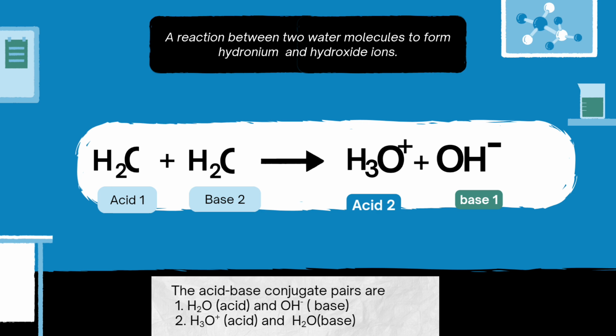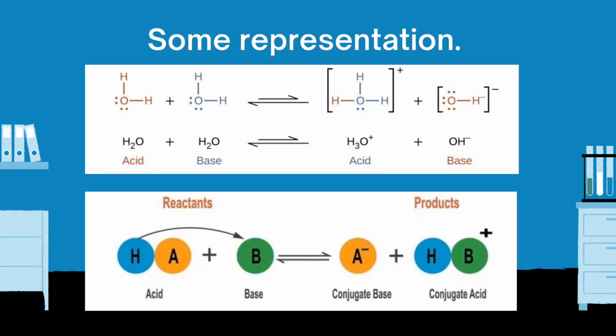Okay, so for other pictorial representations, you can see the water in red: the bond moves, and one of the hydrogens moves to join the other water, but as it moves, it moves as an empty orbital. So it forms what we call a dative covalent bond with the other water, which becomes hydronium, and then the left-over oxygen with that electron pair forms hydroxide.